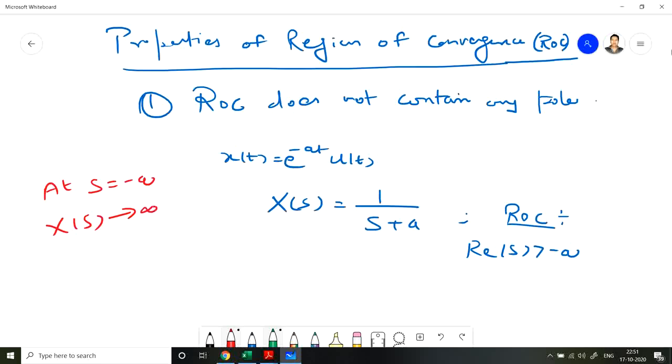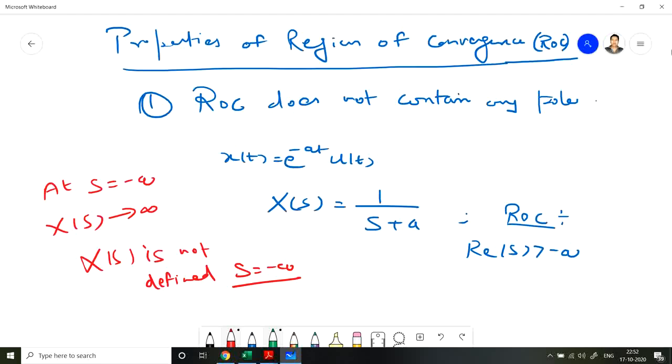So basically we are avoiding the pole, because at poles the Laplace transform, the system will become unstable, and X(s) will tend to infinity, meaning X(s) is not defined when we have s equal to minus a. So we are avoiding the pole.